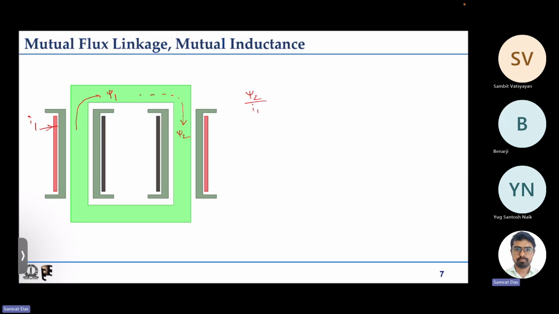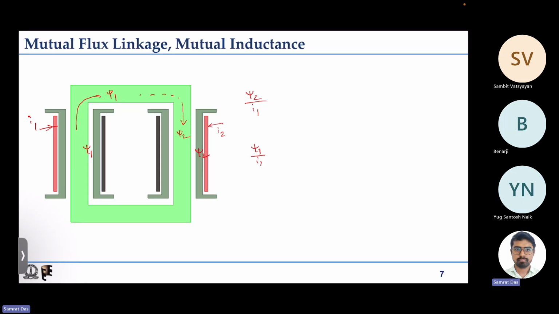And oppositely, if we inject some current I2, then it will produce some flux linkage psi2. Part of that flux linkage psi1 will link the first coil. So in this case, psi1 by I2 will be defined as the other mutual inductance, and we discussed that those come out to be the same.